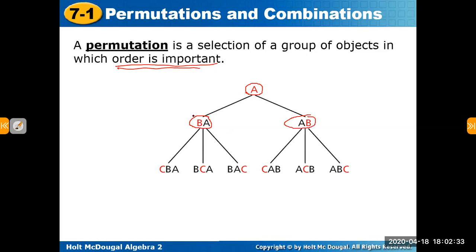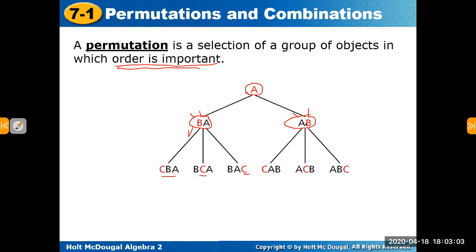One way is choosing B and then A, the other way is A, then B. Similarly, if you have three objects, then from this branching, we have C comes first, C comes middle, and then C comes last.